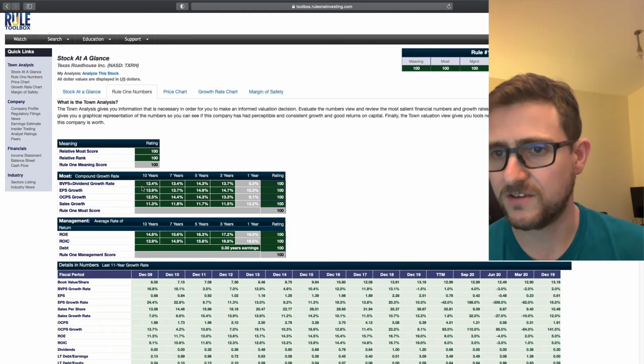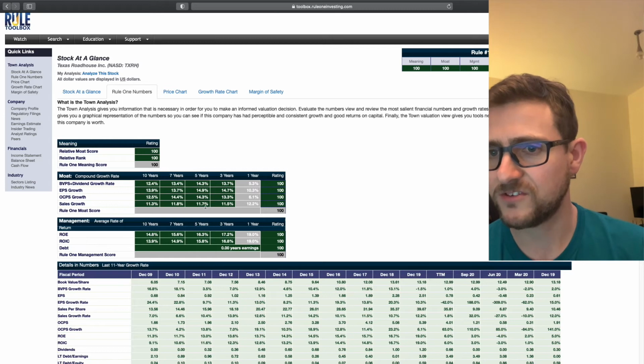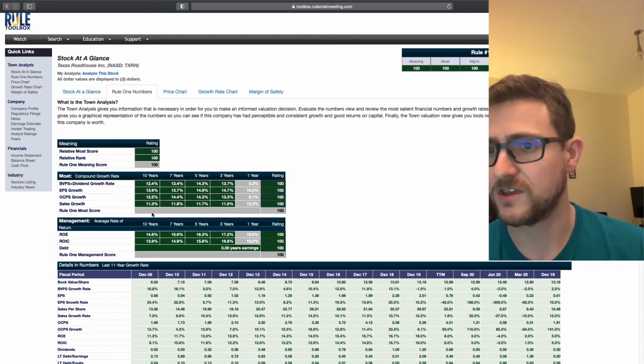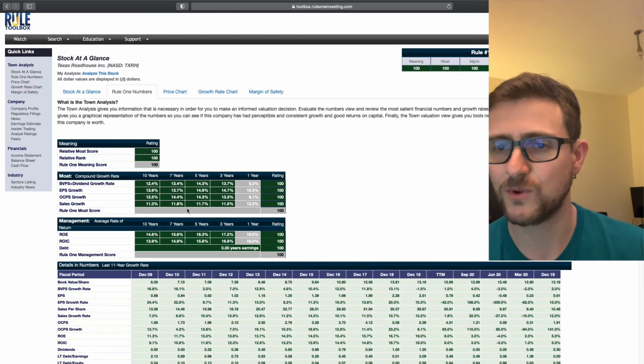So we look at the 10-year figures, we've got 12.4, 13.9 on the earnings per share, operating cash flow 12.5, and sales 11.3. And this is over the past 10 years. So we can see that nothing is below 11.3 on all of them across the different time ranges as well.